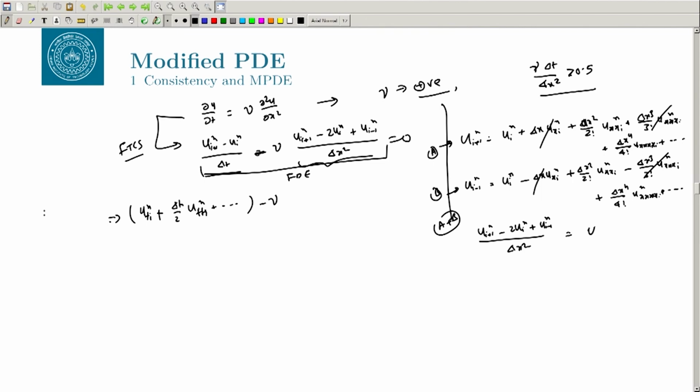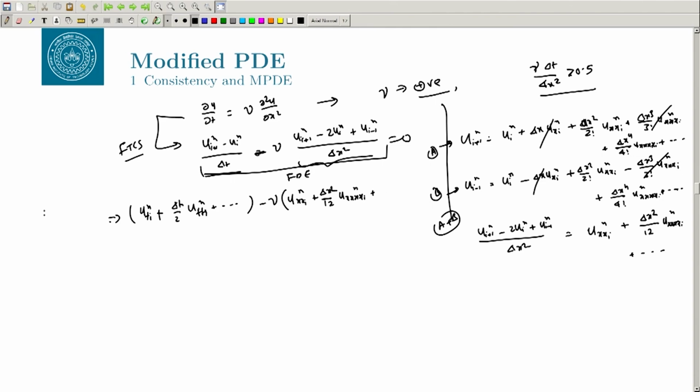So that will become uxx at i n, and then there will be delta x square times 2 by factorial 4, which becomes 1 by 12, times the fourth derivative at i n, and then there will be higher order terms.